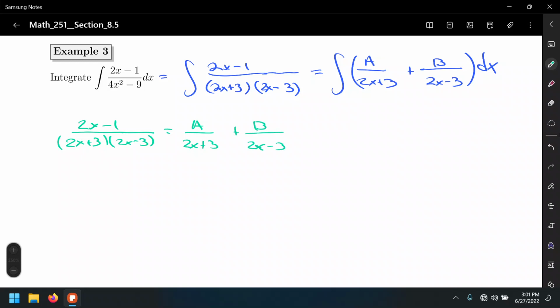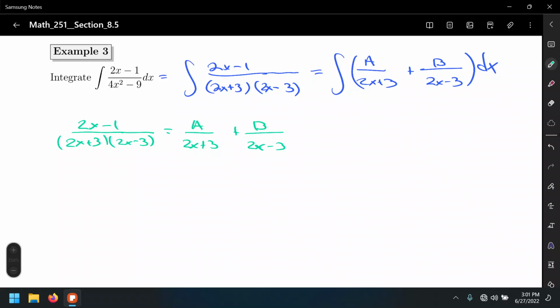And actually, it doesn't matter the order. Either way, those constants will coincide with the corresponding ones, whether you write A over 2x plus 3 plus B over 2x minus 3, or the reverse order. It doesn't matter.